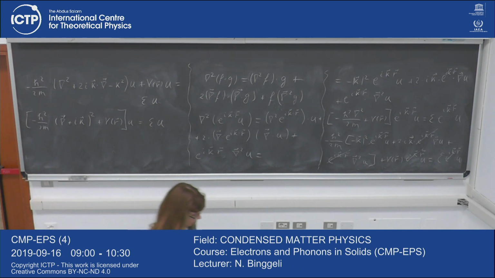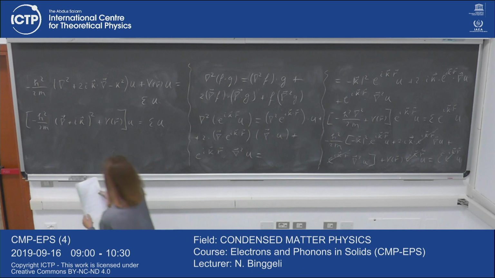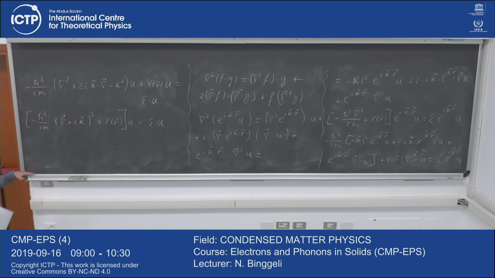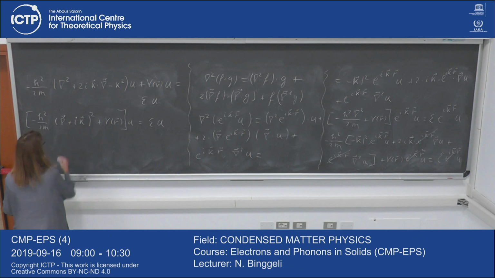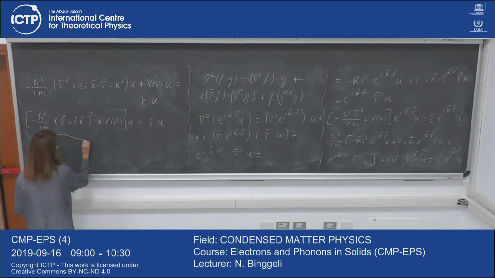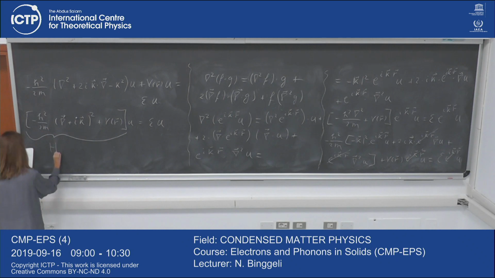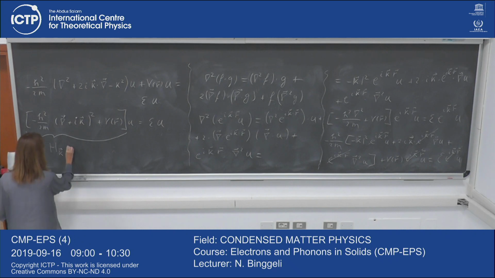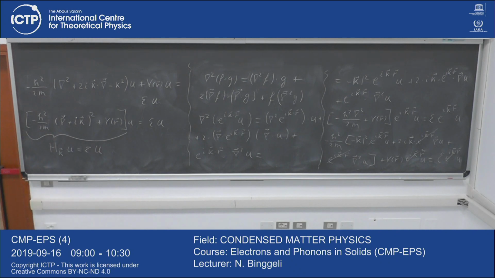Okay? And I can call this an h of k, if I like. So I will call this h of k, and I will have h of k u is equal to epsilon u.